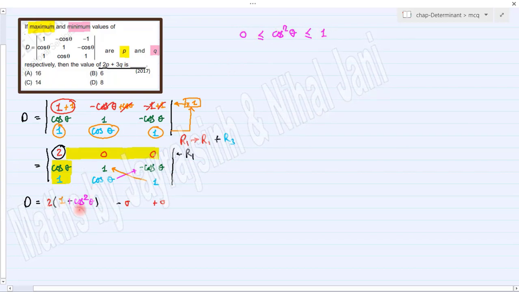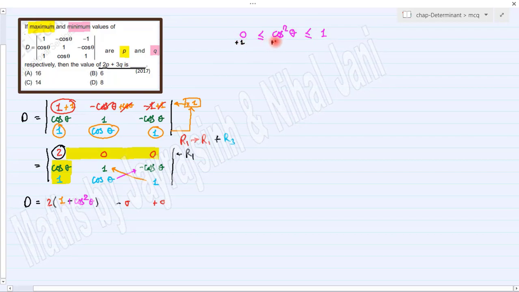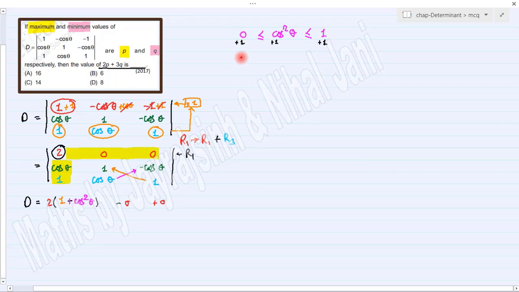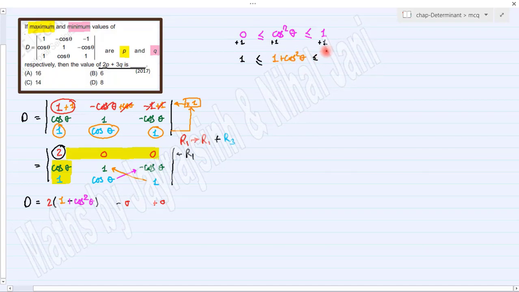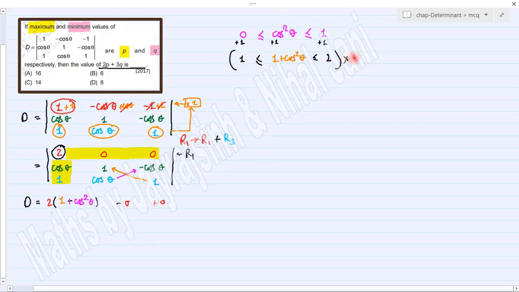So let's obtain your determinant, and for that, we have to add 1. So here we'll get 0 plus 1, or we can say 1, then 1 plus cos square theta, and here we'll get 1 plus 1, or we can say 2. Now to obtain the determinant, we have to multiply all the terms by 2.